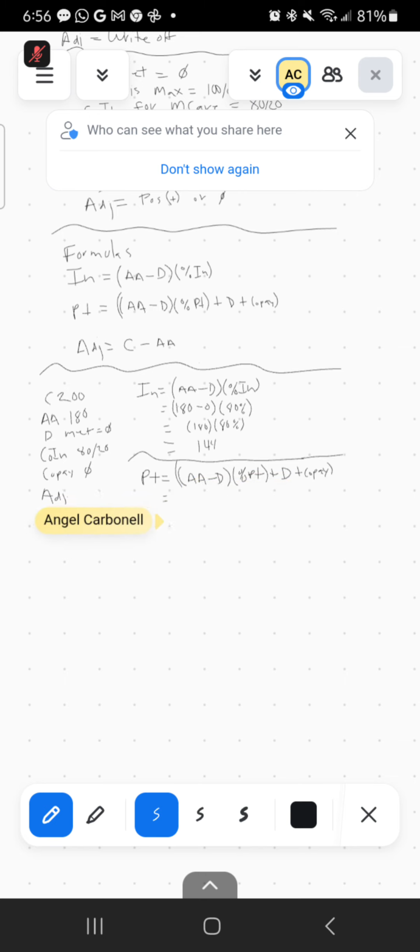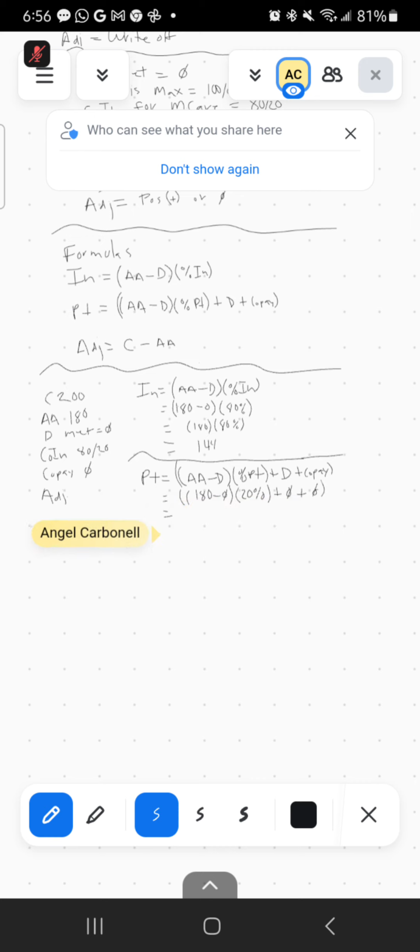Substitute the numbers. The allowed amount is 180 minus deductible, that is 0, times the percentage for the patient, so that's the 20%. And then we're gonna add deductible, in this case is 0, and copayment in this case is 0.